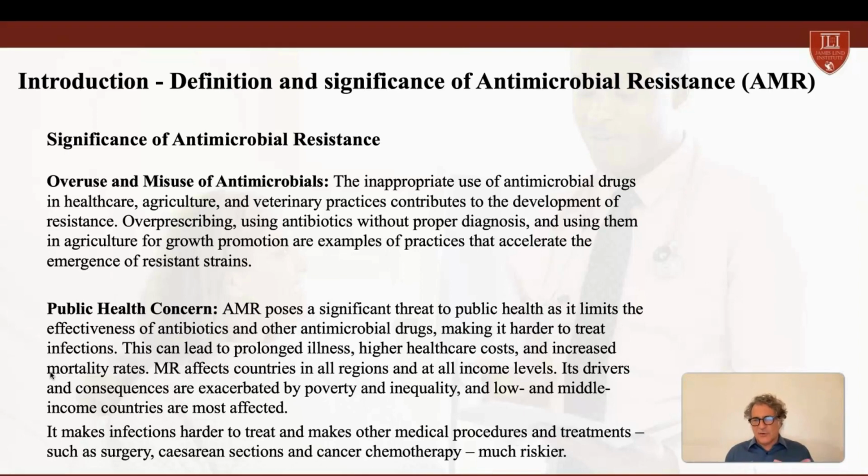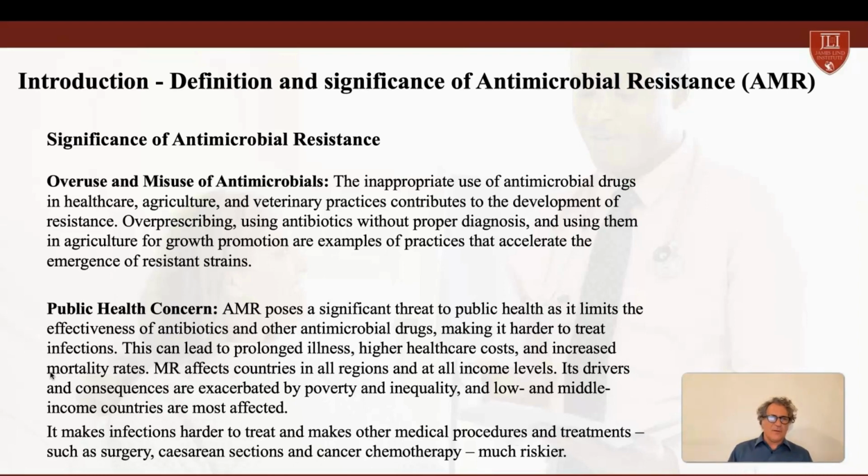The aim of this lecture is to show you the importance of antimicrobial resistance and how we can manage this problem, not just in terms of medicine for human health, but also how we can manage and reduce this resistance in farming, especially farming specialized in animals, because as we will see, this resistance generally passes from animals to humans.